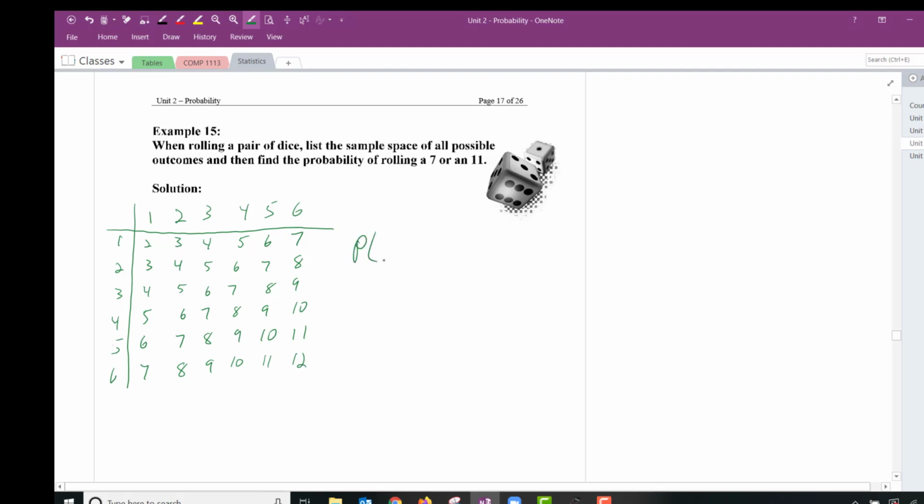What's the probability that the total is a 7 or 11?